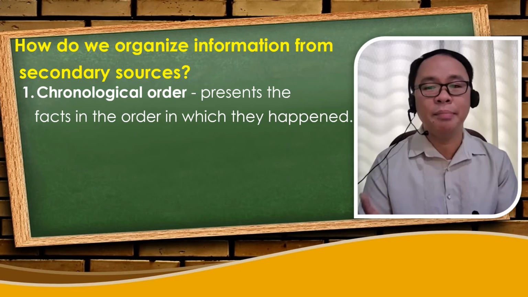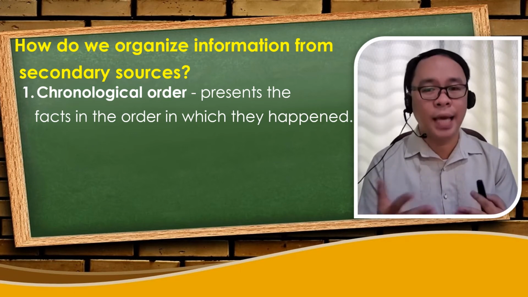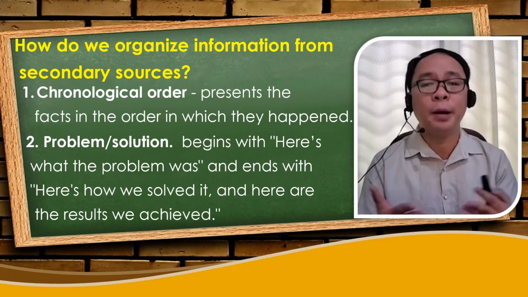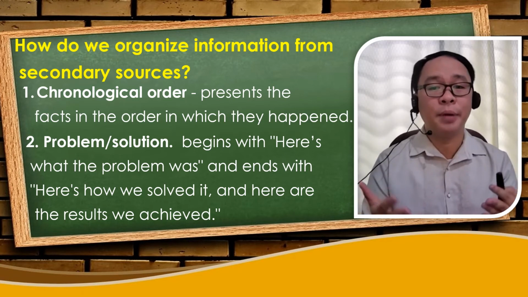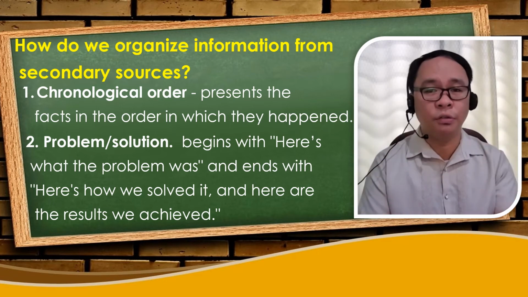So what do we mean by this? You have to present the facts in the order in which they happened. And second, you also need to present the problem and the solution. So beginning with here's what the problem was and ends with here's how we solved it, and here are the results we achieved.